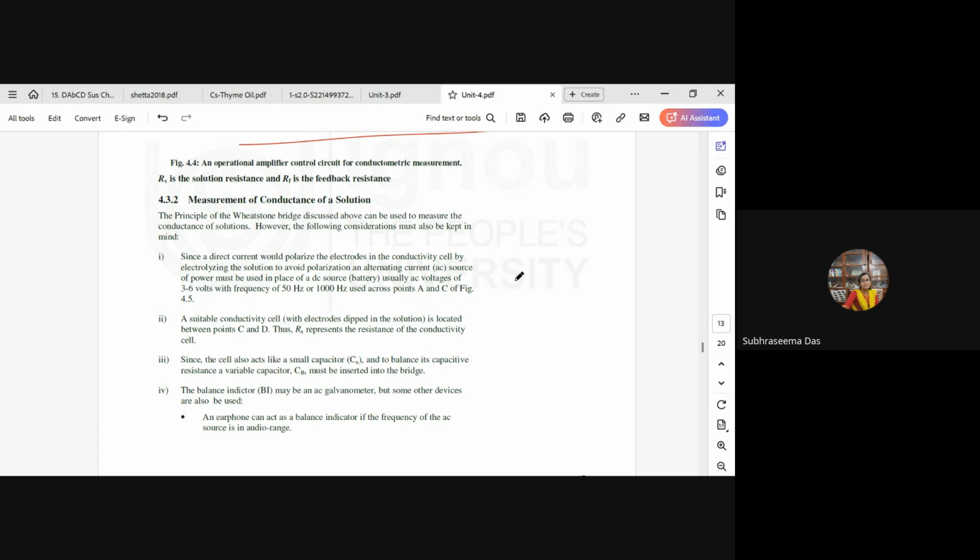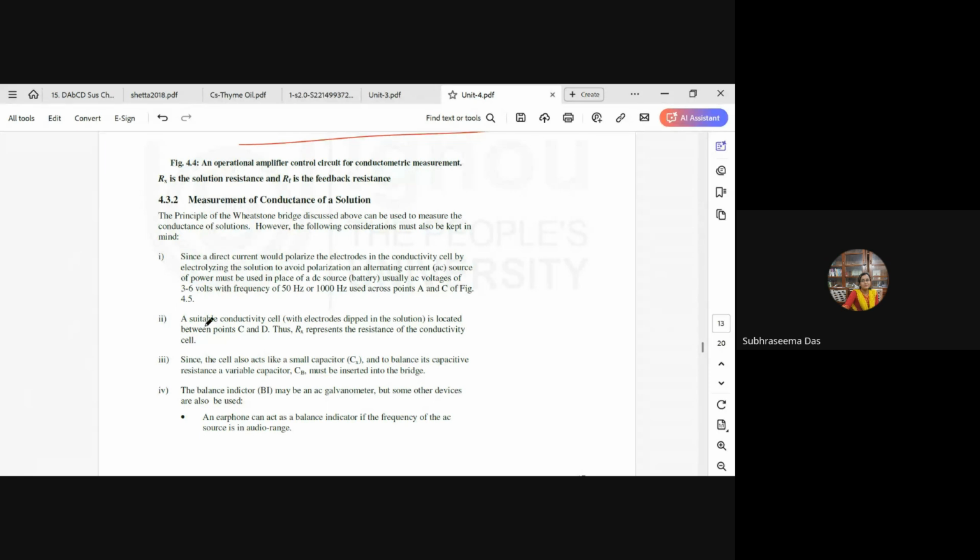Since a direct current polarizes the electrodes in the conductivity cell by electrolyzing the solution, to avoid polarizing, an AC source of power must be used in place of a DC source. Usually AC voltage of 3 to 6 volt with frequency 50 hertz or 1000 hertz can be used across points A and C. The second point is, a suitable conductivity cell is located between the points C and D.